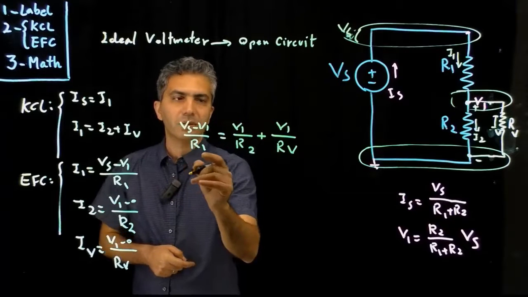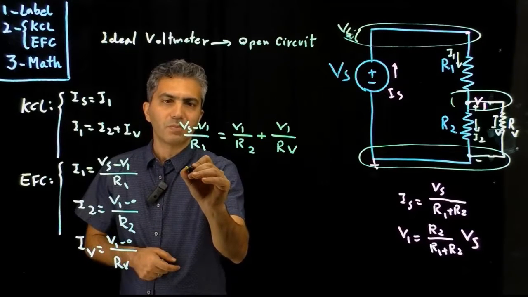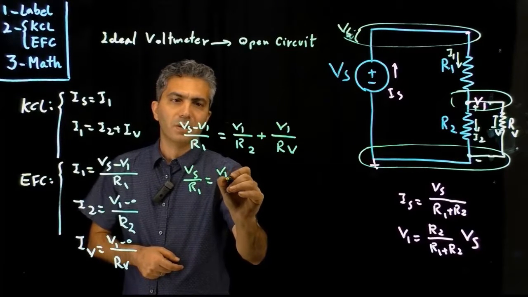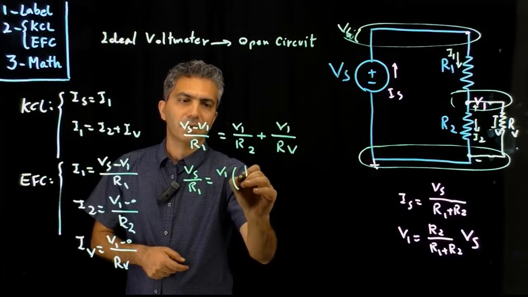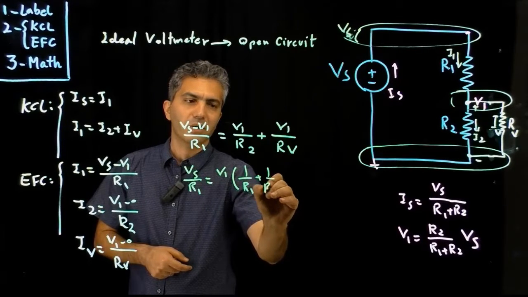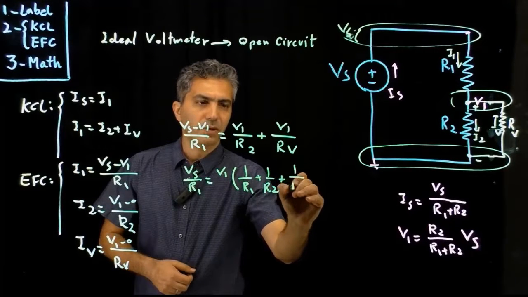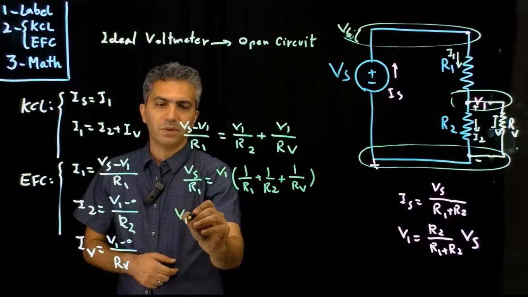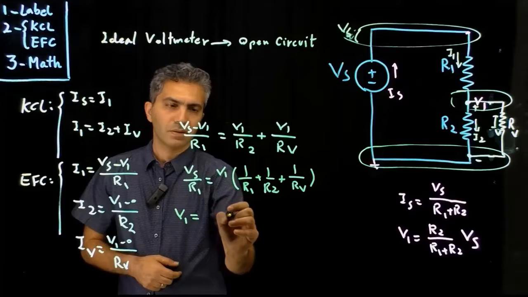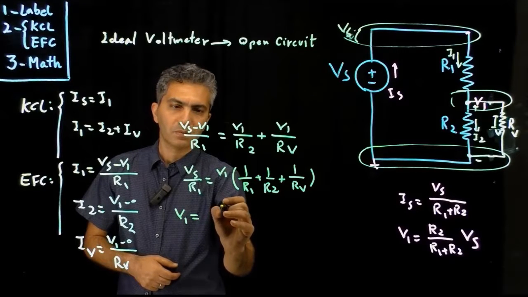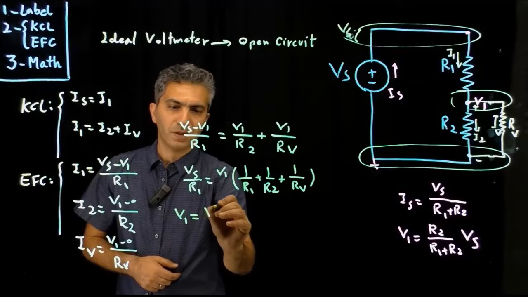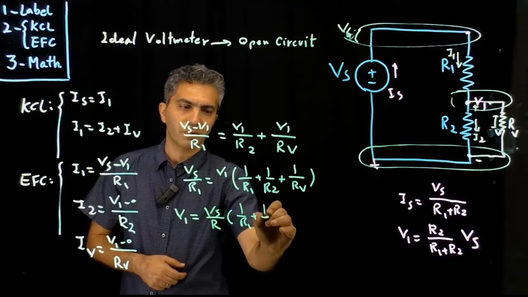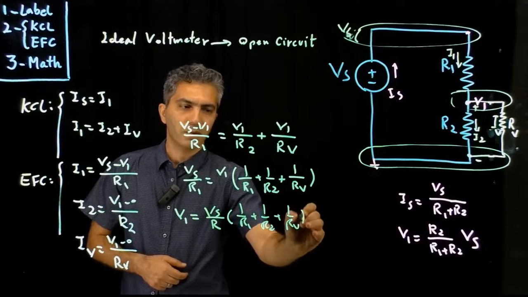So I move these around, so Vs divided by R1 would be V1 times 1 over R1 plus 1 over R2 plus 1 over RV. So V1 would be Vs over R1 times the inverse of 1 over R1 plus 1 over R2 plus 1 over RV.